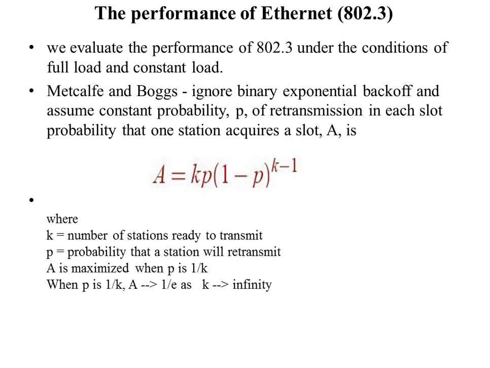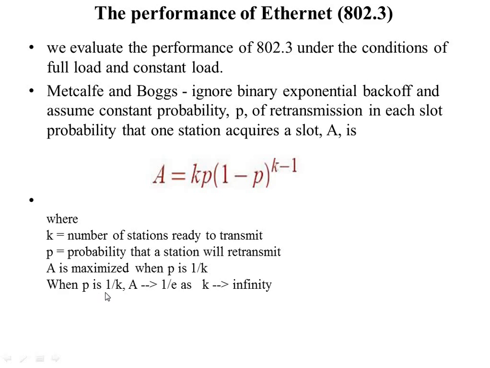So 3 into P, that is the probability that you will be deciding for retransmission by all the stations. So that probability you have to calculate, and A will be the maximum that a particular station will get that slot.